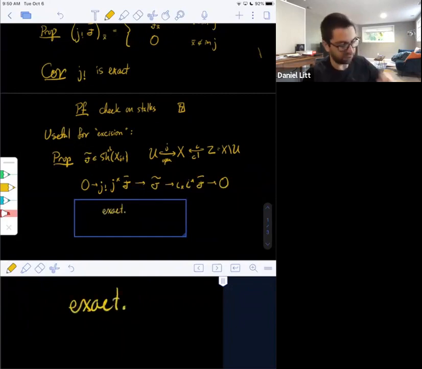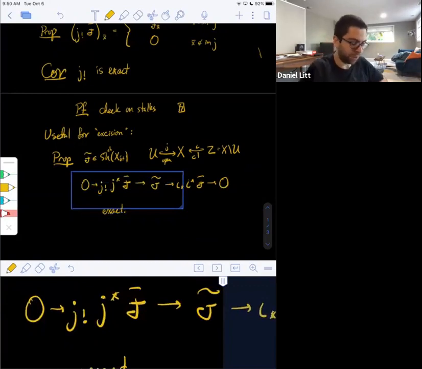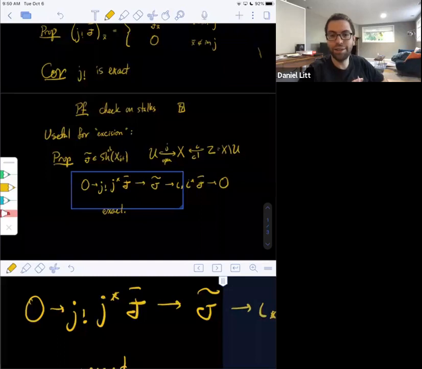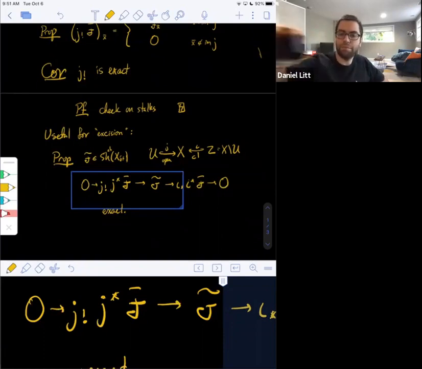So let's first see what these maps are. Can anyone tell me what is the map from j lower shriek j upper star F to F, or how you would make it? Well, I can see two ways to make it.